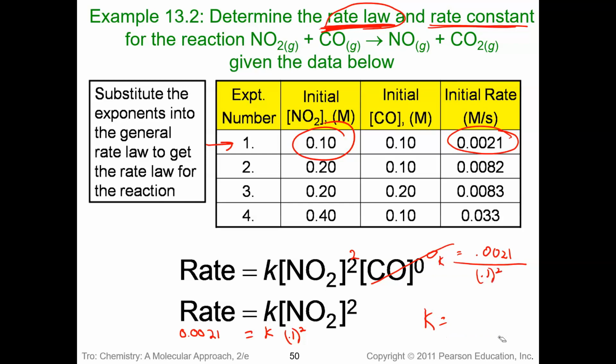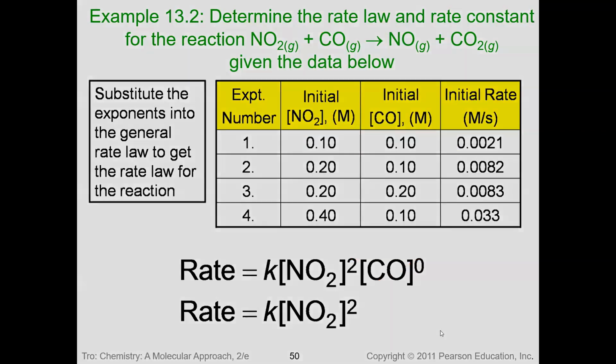And then K equals, I don't know what K equals. But this is kind of a fun little unit one, right? Because this is molarity per second, and this is squared, so it's 0.1 squared. Fun one.